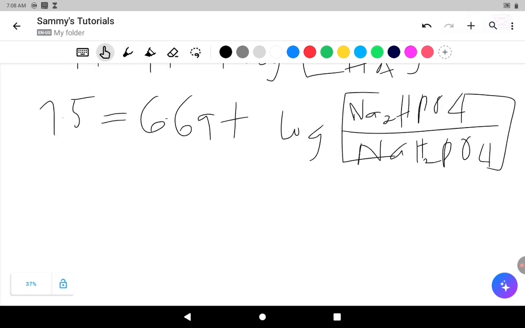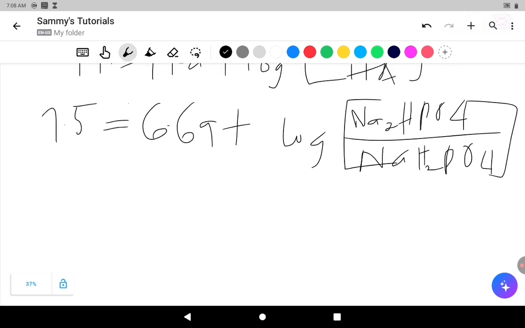If you want to take this 6.69 to this side, it becomes minus, because even though you are not saying it, this is plus this.